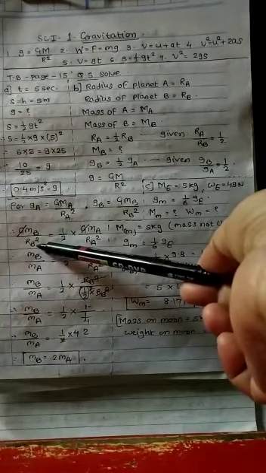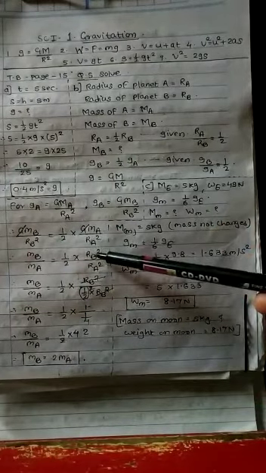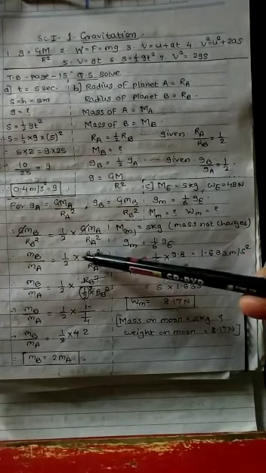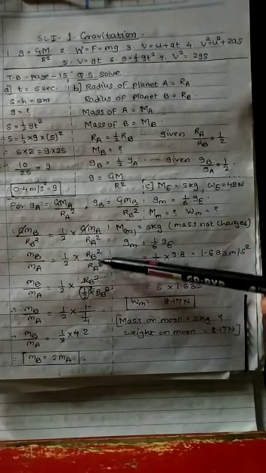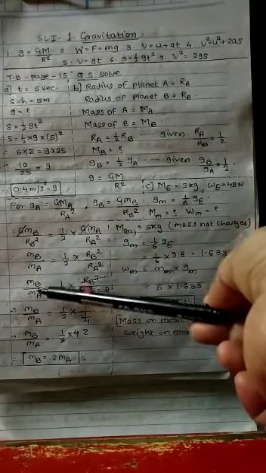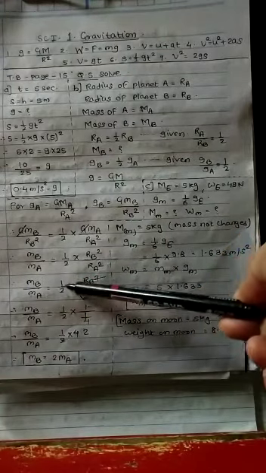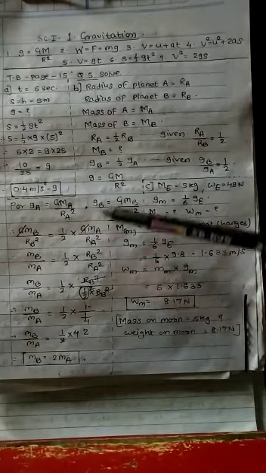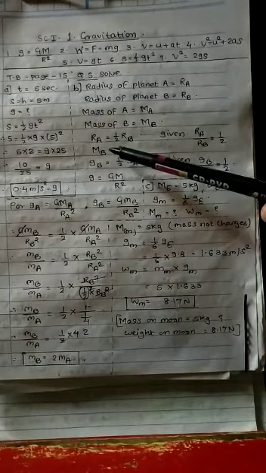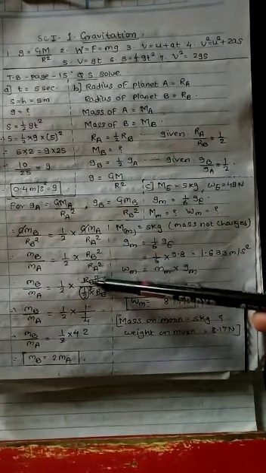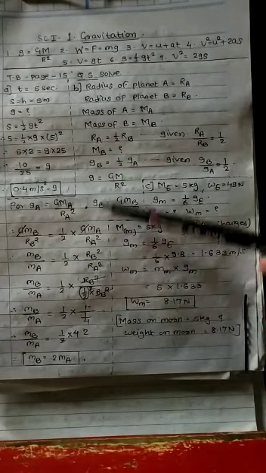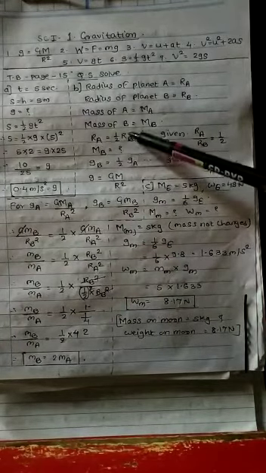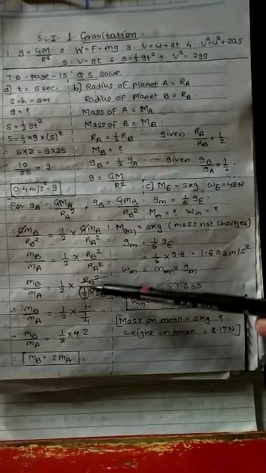Then Rb is divided here, it gets divided again, so Rb square upon Ra square. So Mb upon Ma is equal to half into, what is the value of Rb here? The value of Rb you write down as it is. What is the value of Ra here? Ra is half Rb. So this half Rb you have to put here.